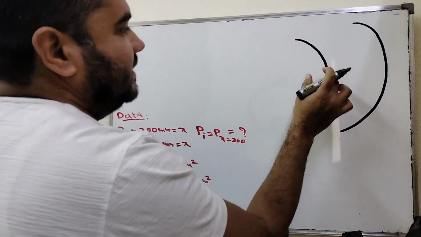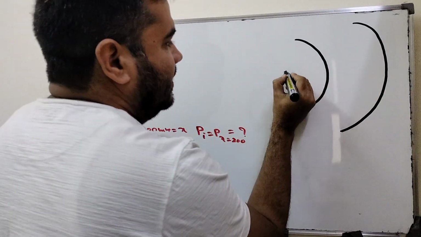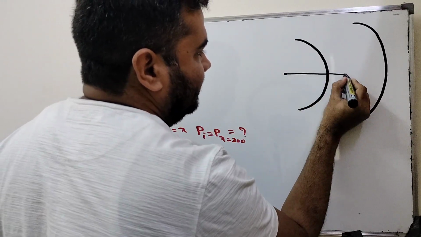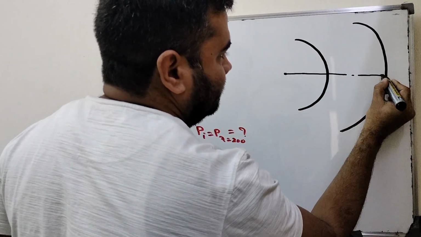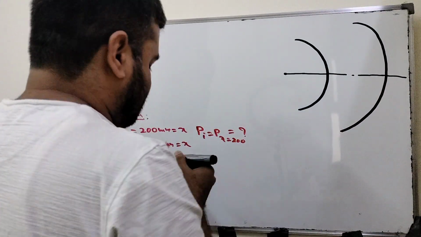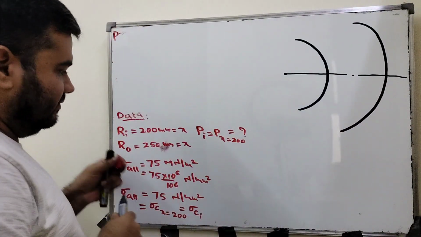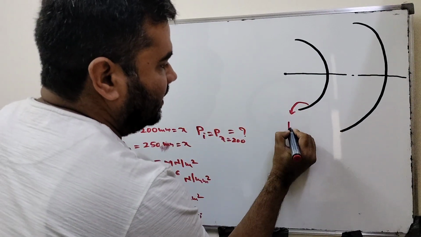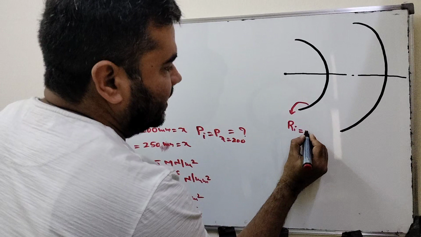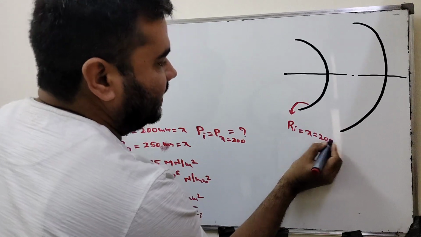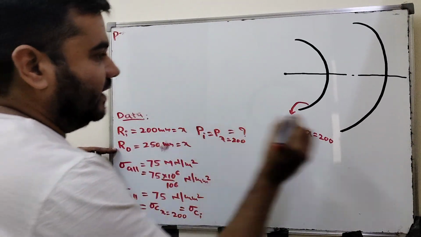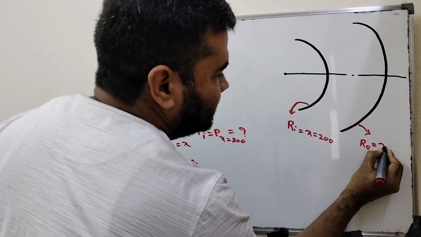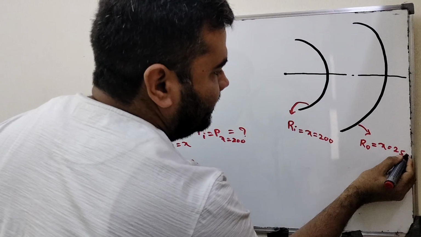This is the inner radius, this is the outer radius, and this is the center. From the center I'll mark the center line. Now what data is given? When Ri is 200 mm, this is the inner radius, Ri equal to x equal to 200 mm. Outer radius is 250 mm, that is R naught equal to x equal to 250 mm.